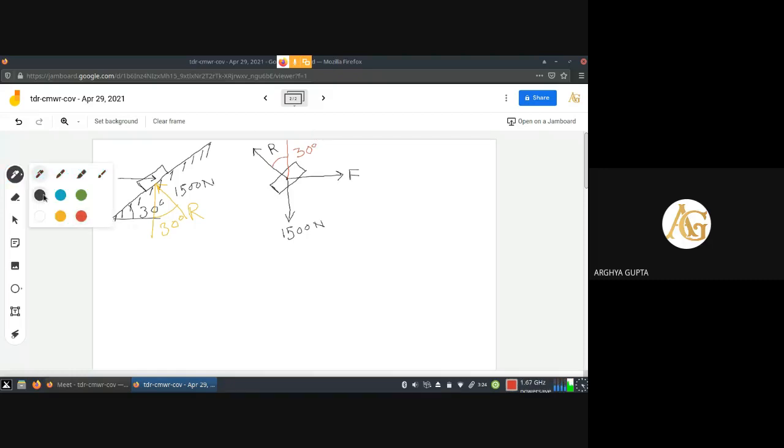Now again there are two steps. I am doing the two steps here again to make you understand better. But when you are given this problem in exam, you can apply any of the steps like Lami's theorem or the analysis of the forces. So I will apply Lami's theorem first.